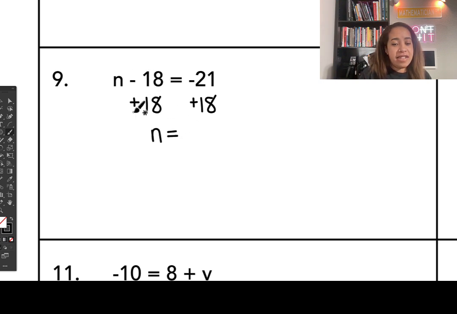That canceled the 18s, and on the right side, I need to focus on negative 21 plus 18. So I notice that these have different signs, so we should subtract the numbers. 21 minus 18 gives us 3, and then our higher absolute value was negative, so we do need a negative sign. Our final answer for number 9 is -3.